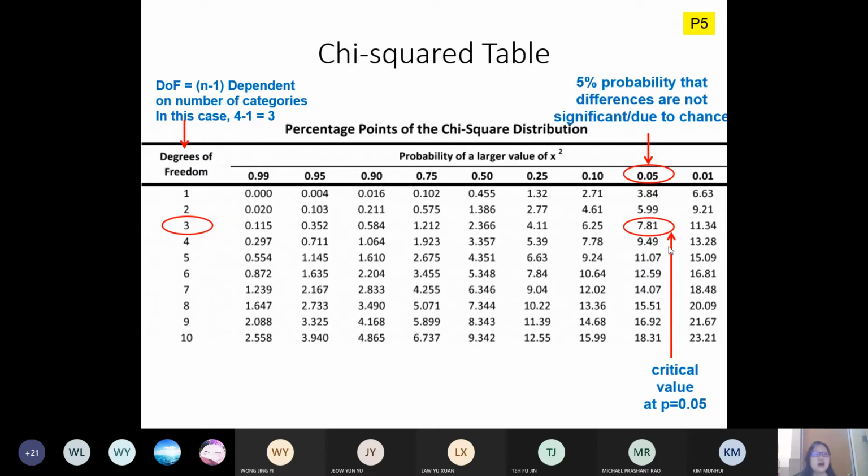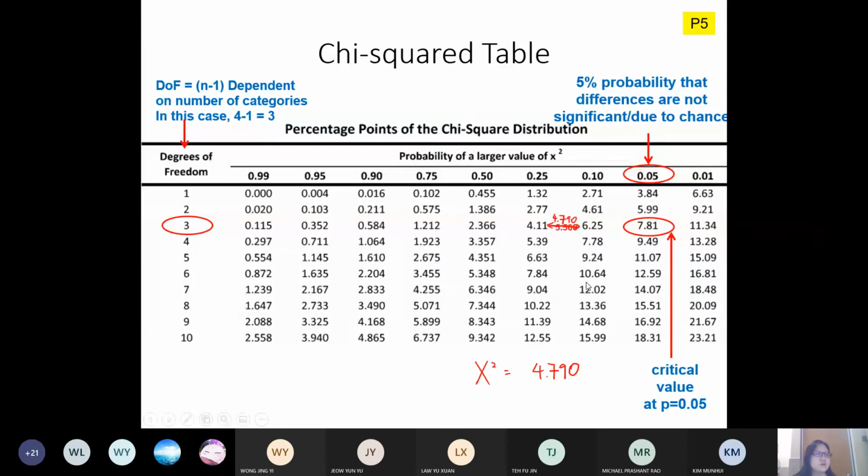Now, what is our current chi-square value? Our current chi-square value is 4.790, which is smaller than this. This is a small to big number scale, so if we plot it on the table, it's between these two numbers.